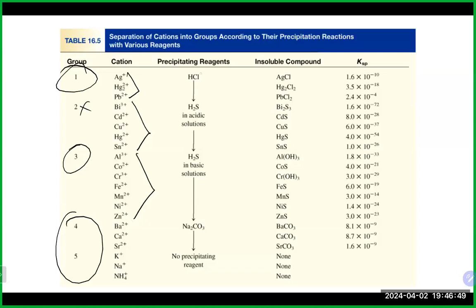As we also talked about precipitating reagents for the group, HCl's we used in group 1 because they will all come out as chlorides. As I mentioned before, group 2 and group 3 actually use the same one, which is sulfides. And the difference here, as we just talked about, is the pH of those guys.